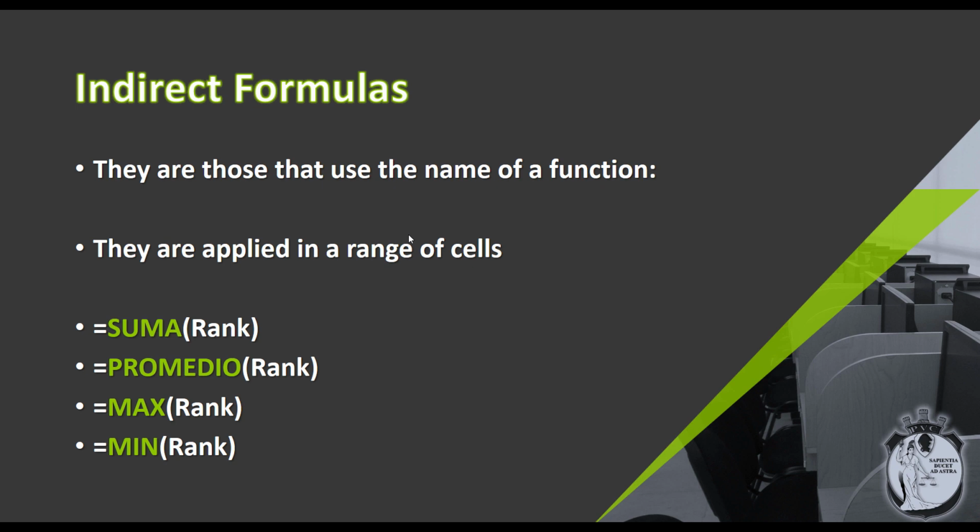In the next slide, we will see what a range is. Remember, they always start with an equal sign, and the name of the function is in Spanish because the Excel that we will use is in Spanish. If it's in English, you need to use SUM, AVERAGE, and this is equal, MAX and MIN.